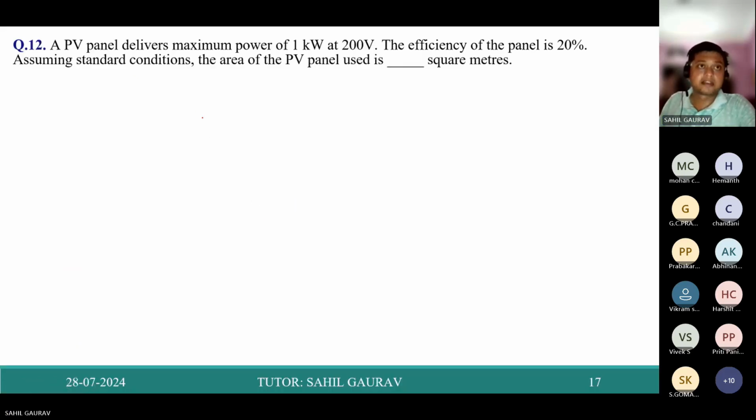What data are given? Maximum power PMP is given as 1 kilowatt, VMP is given as 200 volt, and efficiency is given as 0.2 or 20%.